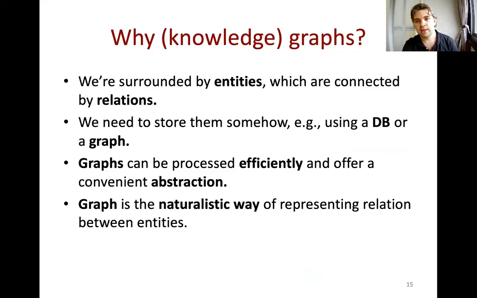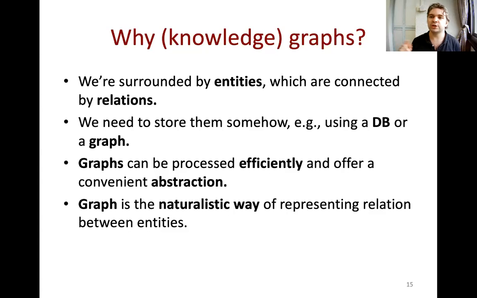So what are knowledge graphs, and why are they so important? We have lots of entities around us, and they are connected with some relationships. It's a graph, right? So we need to store them, and we want to use a graph database, or we can use an object database, which is pretty much like a hierarchical graph structure.